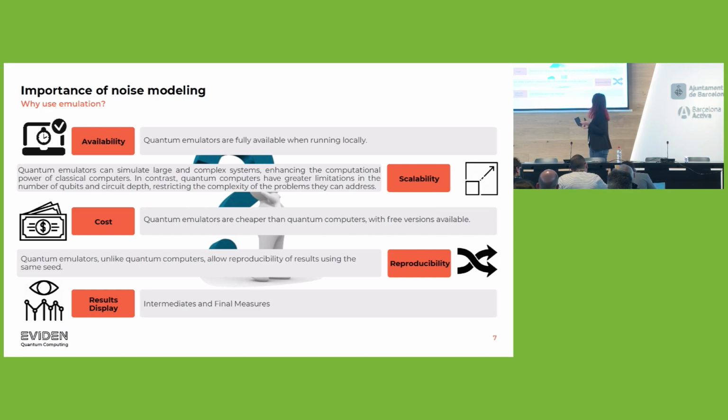Availability: it runs locally, and its availability is total, with no waiting queues. Emulators usually offer greater scalability. The costs are lower than a quantum computer, and quantum emulators allow reproducibility of the results using the same seed. And finally, intermediate and final measures can be visualized.